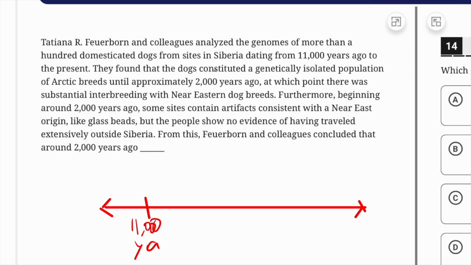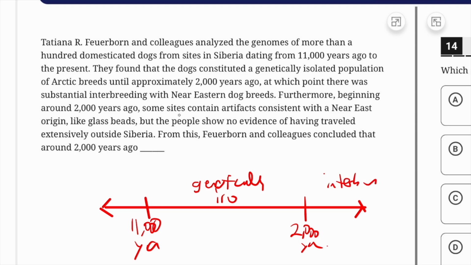Okay, they found that dogs constituted a genetically isolated population of Arctic breeds until around 2,000 years ago, at which point there was substantial interbreeding with Near Eastern dog breeds. Okay, so genetically isolated, and then we have interbreeding.